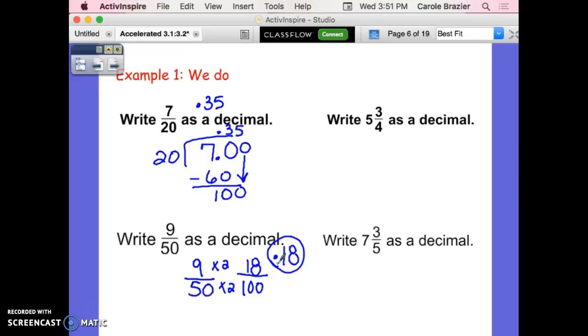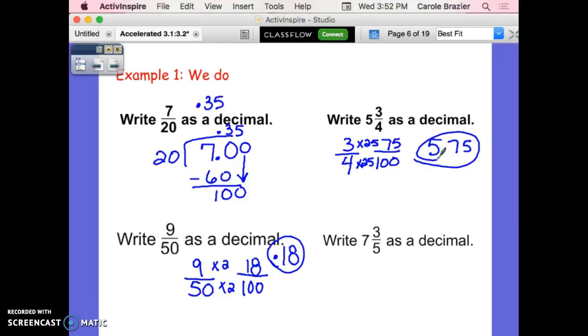5 3/4, you can do it either way. So if I worry about the 3/4, I know it's quarters, so I'm going to take it to 100, and I'm going to multiply by 25. 3 times 25 then gives me 75, so my answer becomes 5.75.